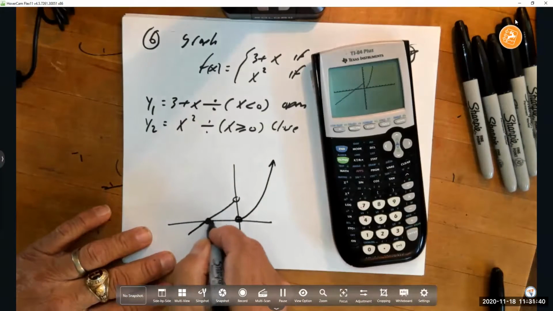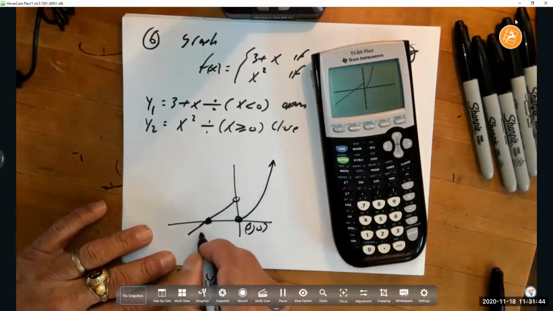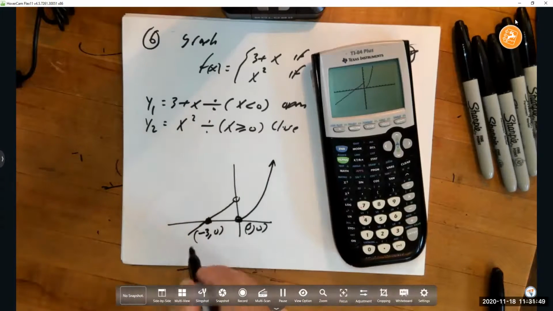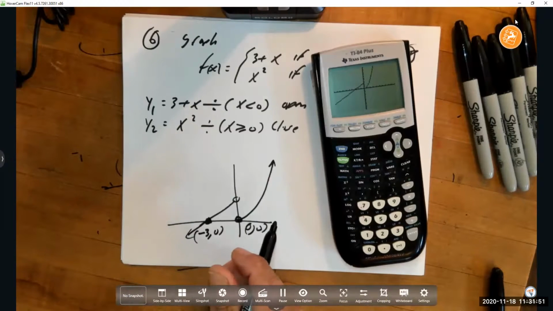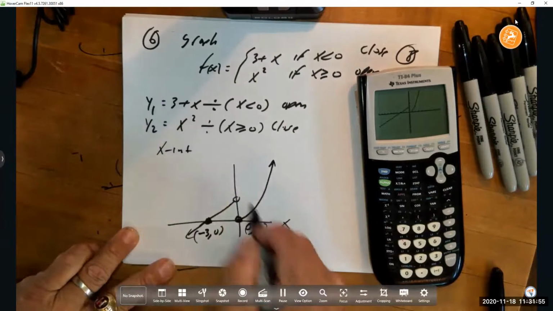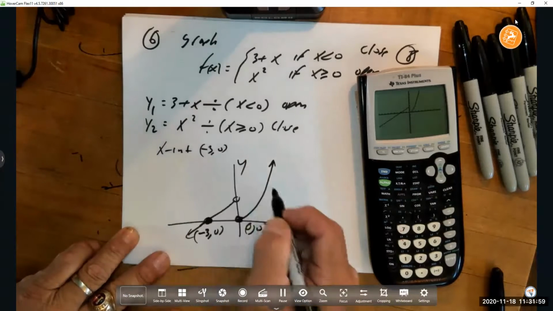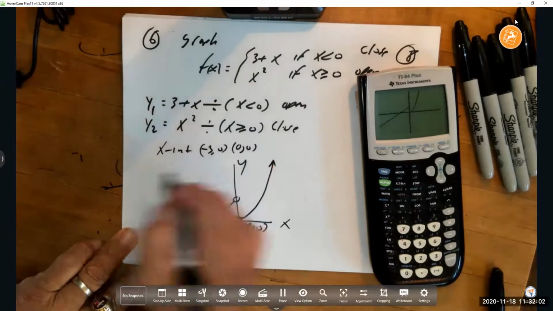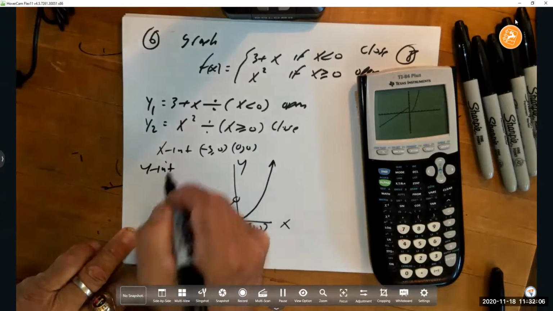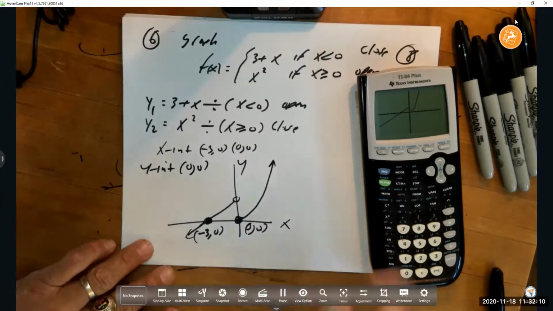Alright, so now you can do a trace and you're going to find out that this number here is 0, 0, and this number here is negative 3 and 0. So now, the questions are x-intercept. This is x, this is y. The x-intercepts are right there and right there: negative 3, 0 and 0, 0. And the y-intercept is right there also, 0, 0. Other questions are domain and range.